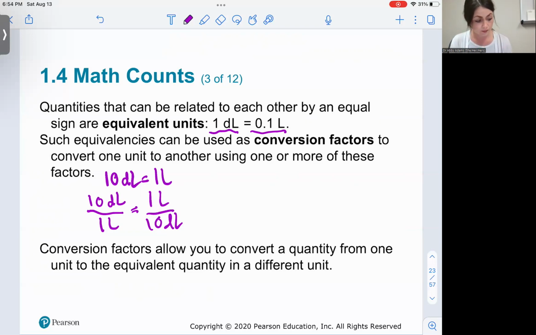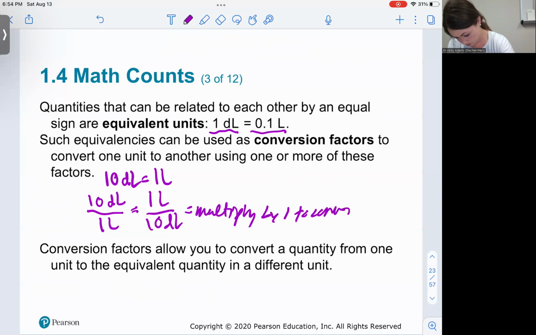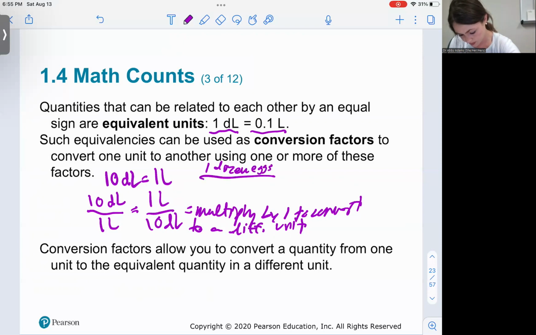So basically, what you are doing here is multiplying by 1 to convert to a different unit. You can think of it like this, in everyday terms: 1 dozen eggs or 12 eggs.